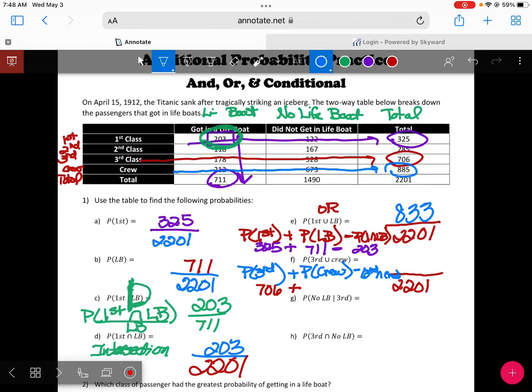That total is 885. And you're like, well, those don't cross. Well, that means there's no intersection. Nobody that was a third class passenger was also part of the crew. So we don't have to subtract anybody from there. You just add those together, 706 plus 885, and you should get what amount?